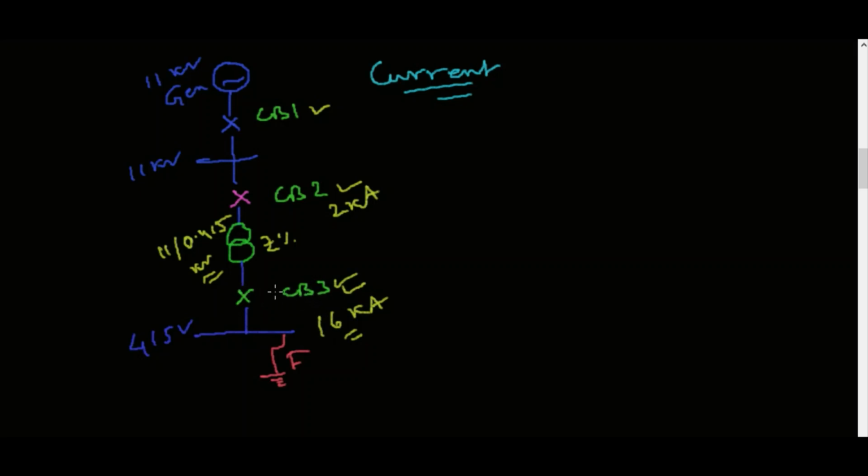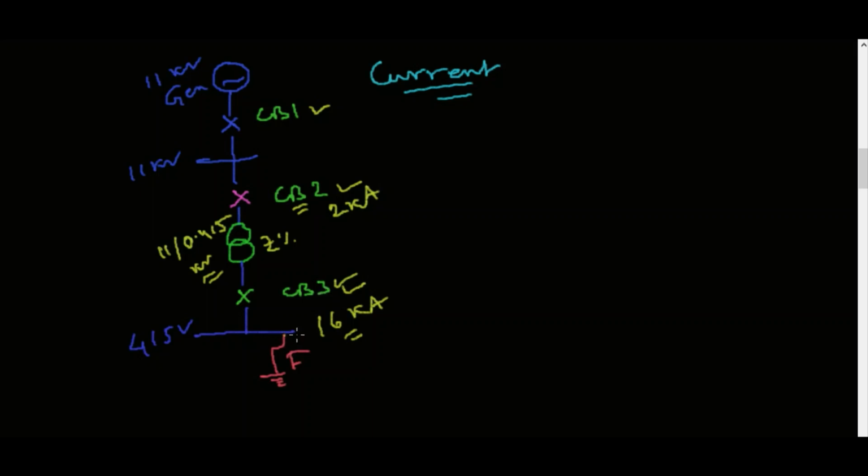Then for circuit breaker CB2, the fault current will be less, suppose 2 kiloamps, so this will be set at a lower value than this side, because the fault is here.